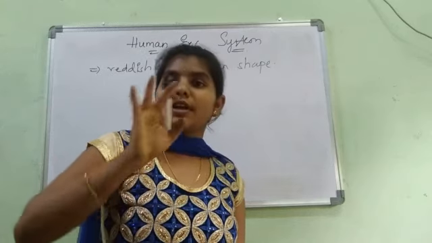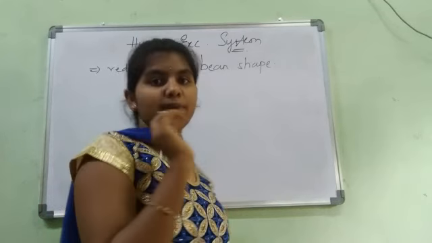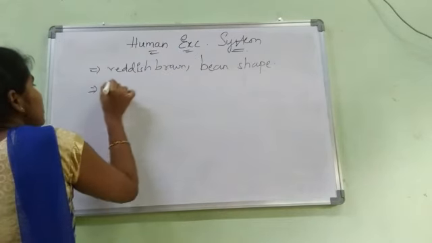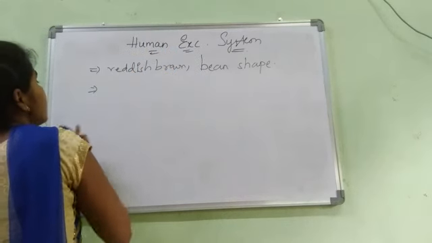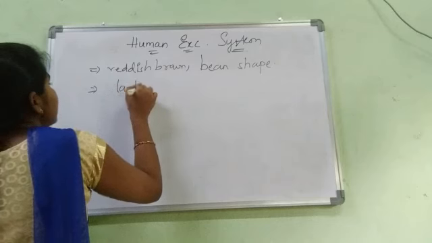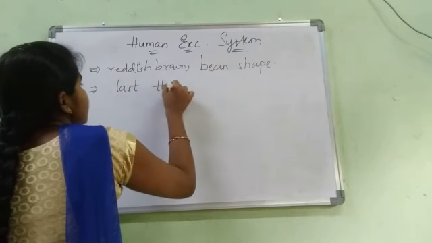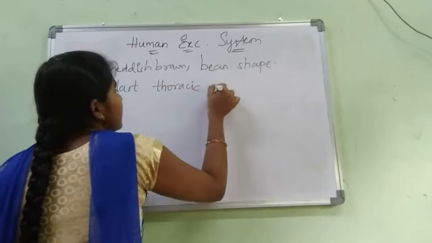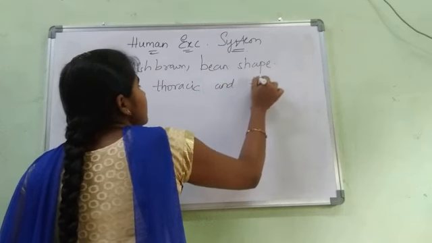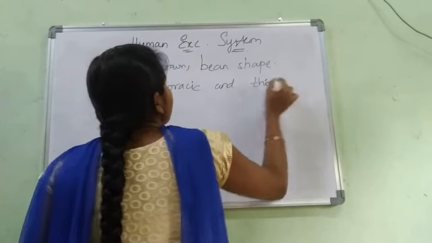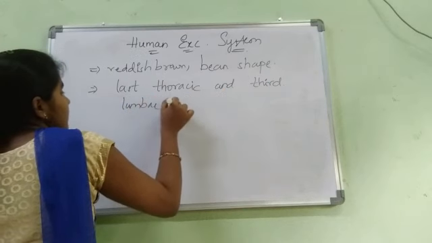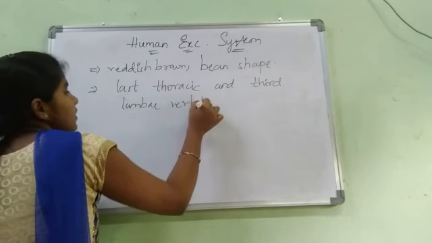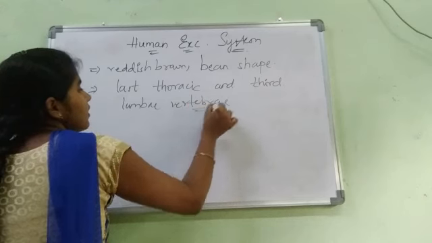They are situated on either side of the vertebral column between the last thoracic and third lumbar vertebrae. I think all of you know that we have 26 vertebrae in our vertebral column.